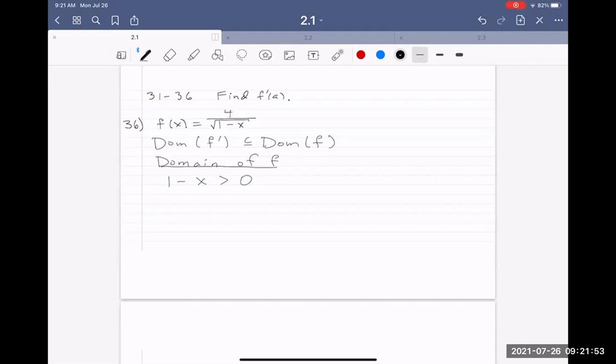So I want 1 minus x greater than 0. Add x to both sides of your inequality. And so I have here that x is less than 1. So the domain of f is negative infinity to 1.